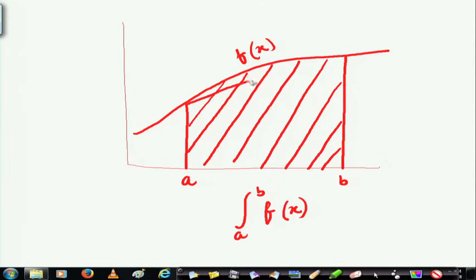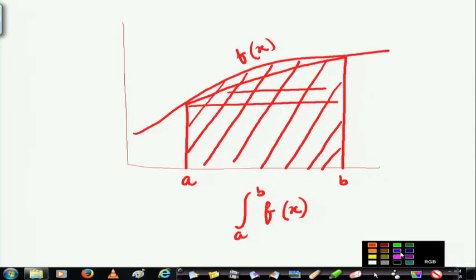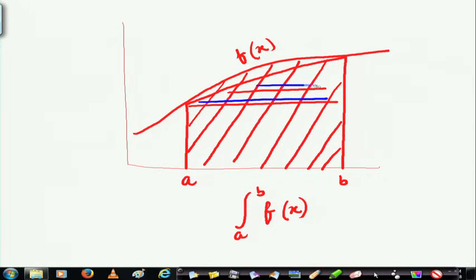So, I have got a trapezoid here. Let me draw in blue. So, the area under this trapezoid is approximating the area under the curve.